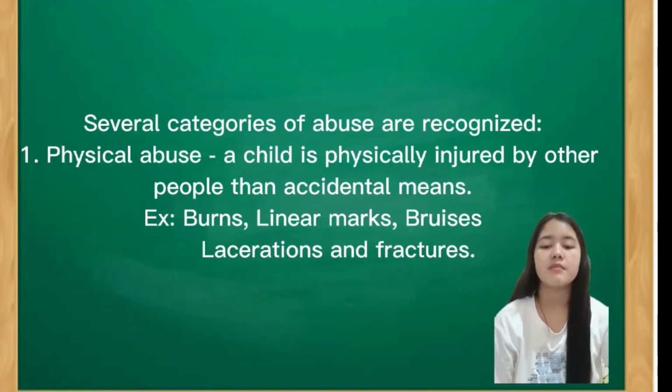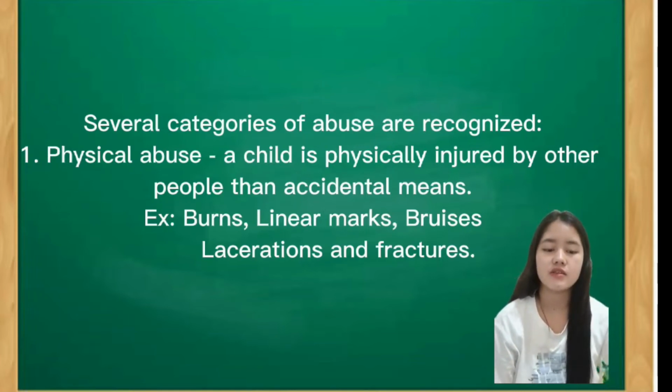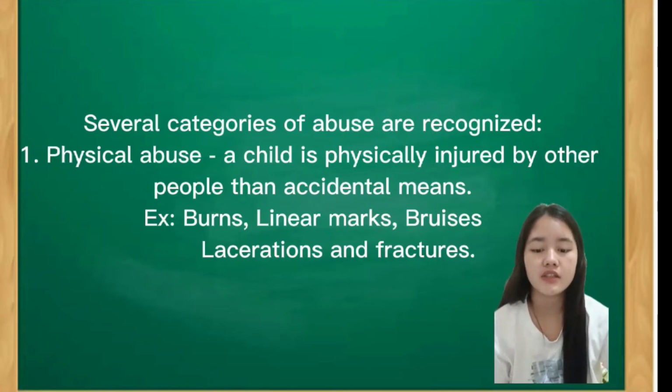Second is linear marks, wrap-around marks made by a strap, belt, or electrical cord. Next is bruises. Multiple bruises with different colors indicating various stages of healing, and bruises on many parts of the body including the genitals.